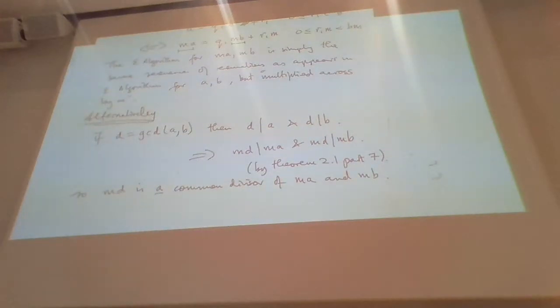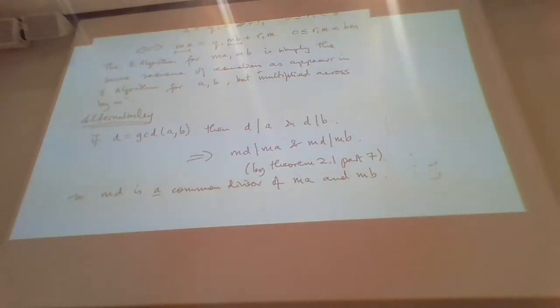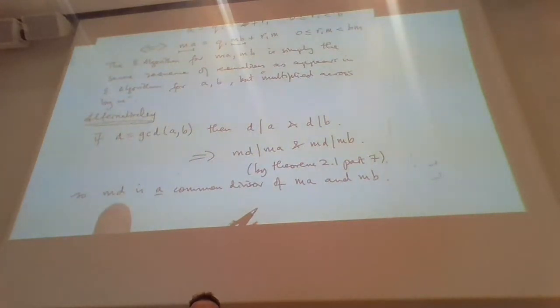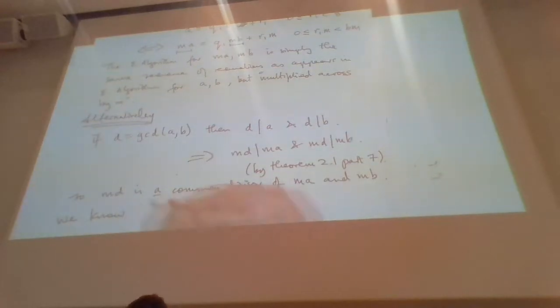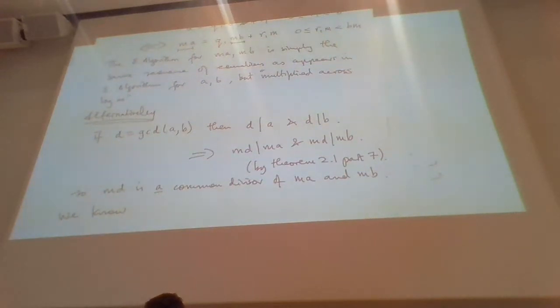How do we prove it's the largest number that divides MA and MB? Well, we can do that if we can show that every other common divisor must divide MD. So we'd like to have some way of knowing that any other number that's a common divisor of MA and MB is also a divisor of MD.